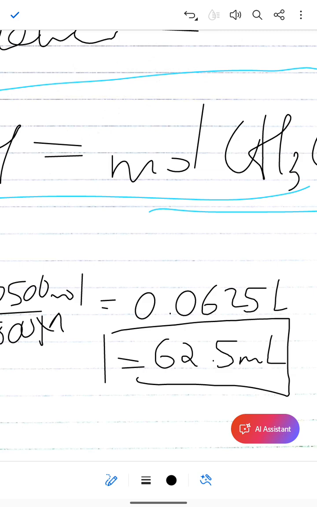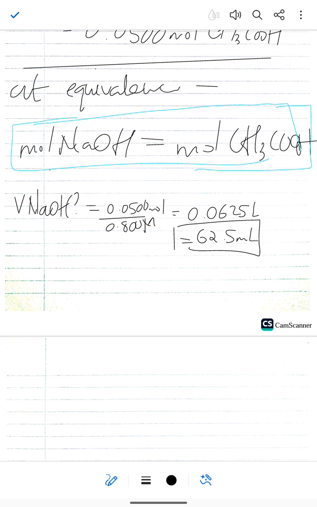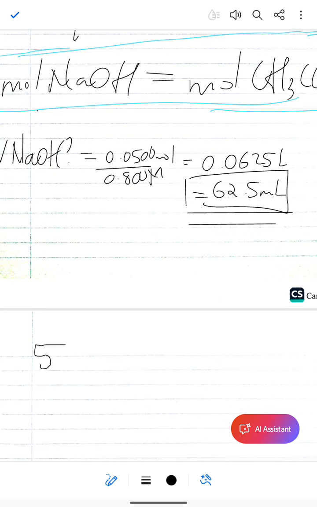Yeah, so now maybe you can find the total volume. So let's find the total volume at the equivalence point. To find it, we simply need to add this and the 50 ml that we had already. So that will be 50.0 ml plus 62.5 ml.